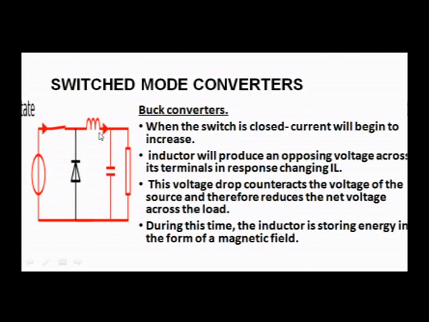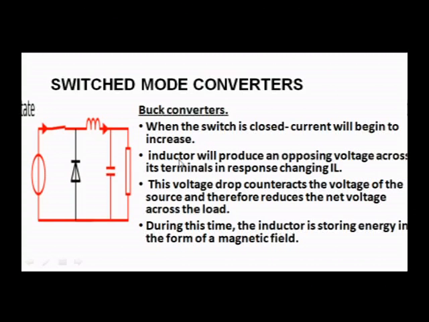When I close the switch, or when the switch is on, this is how the circuit is going to be. The red color shows the current flow. When the switch is closed, the current through the inductor will begin to increase. The switch closing means going from 0 to some very high voltage, so a sudden change in current, but the inductor is going to oppose it. The current will gradually increase.